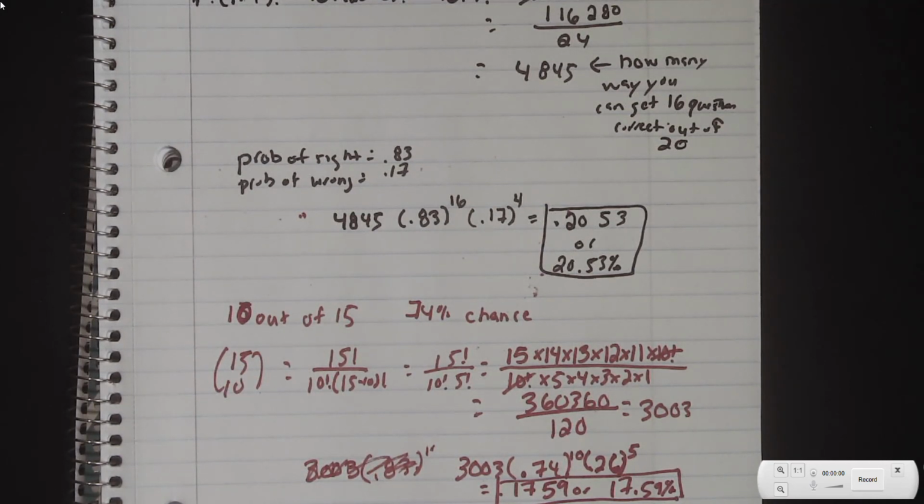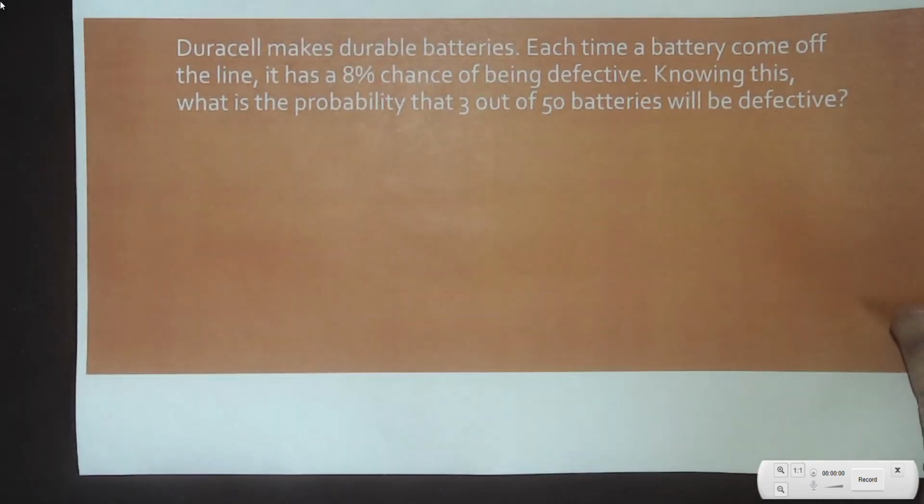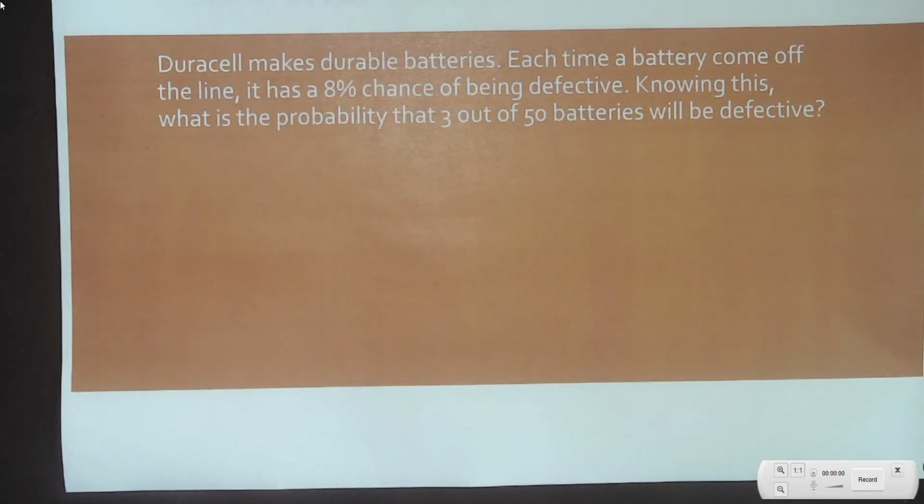Okay. Next example. So example number 2. Duracell makes durable batteries. Every time a battery comes off the line, it has an 8% chance of being defective. Knowing this, what is the probability that 3 out of 50 batteries can be defective?